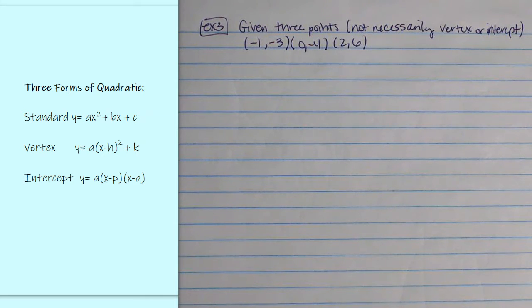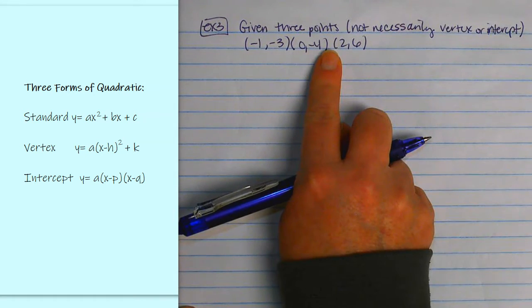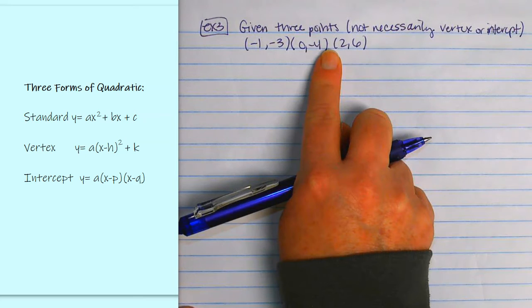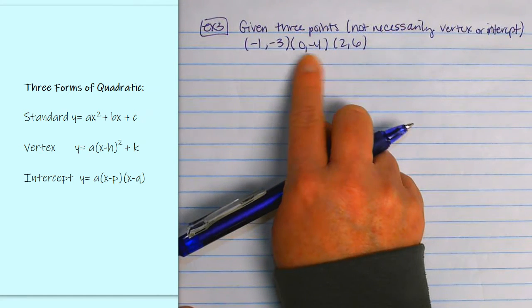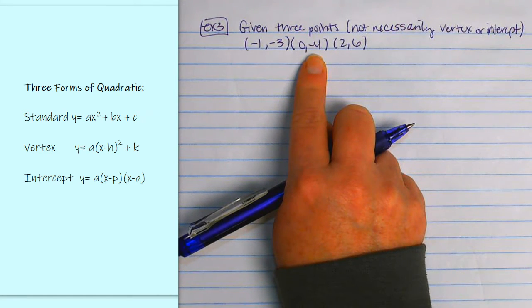Example 3 is, what if you're just given 3 points, not necessarily the vertex or an intercept? I don't know if any of these are the vertex or the intercept. I could plot them and have a fair idea of what it looks like, but I don't have any that are equidistant from the axis of symmetry. I know that because I don't have any of the same y values.